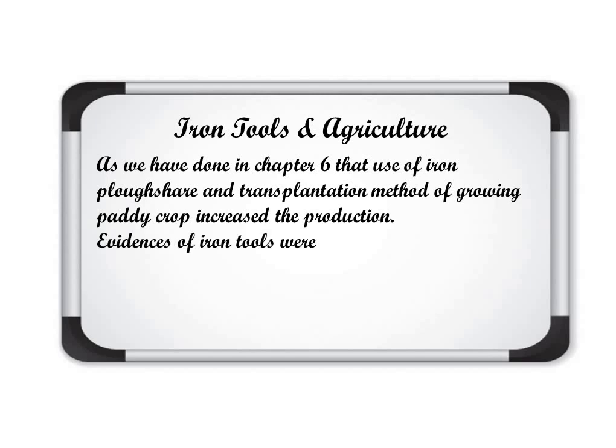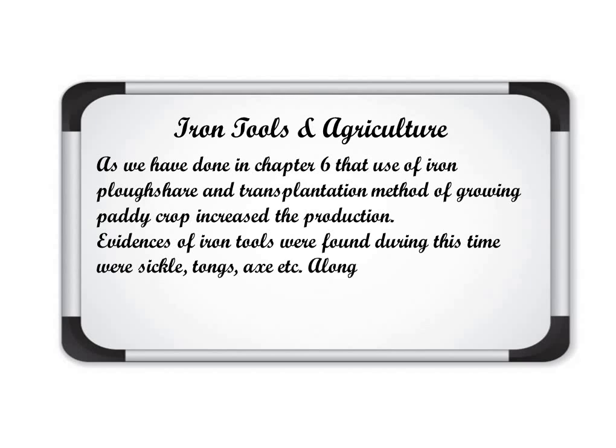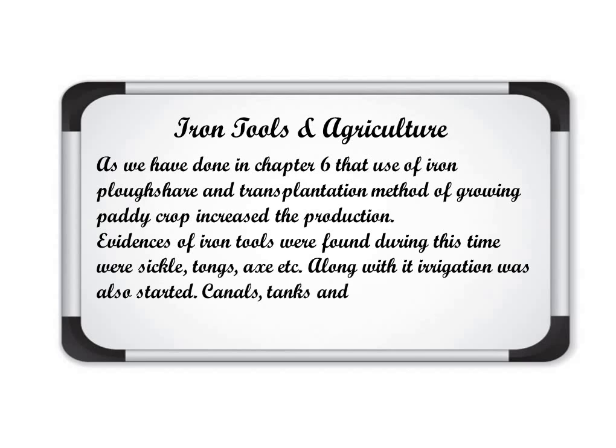Evidence of iron tools was found during this particular time. They were sickle, tongs, axe, etc. Along with it, irrigation was also started. Canals, tanks, and artificial lakes were built for irrigation.